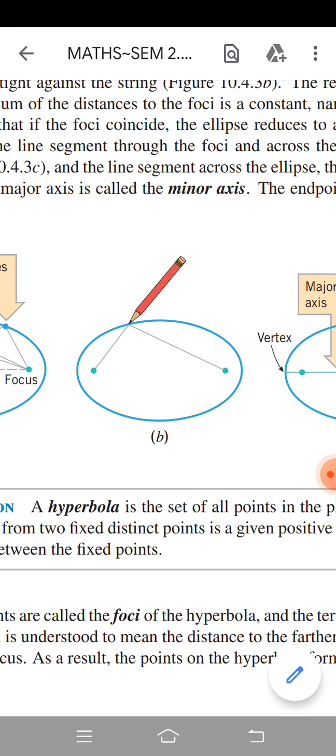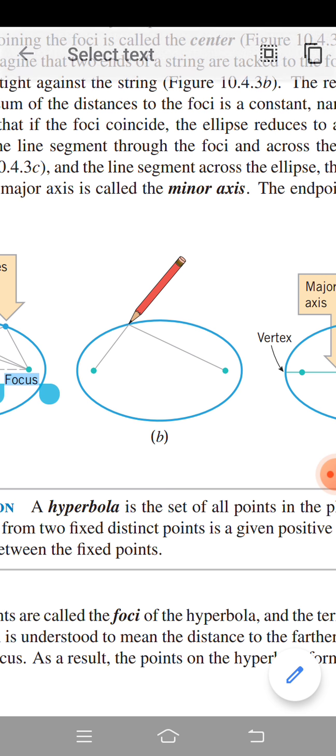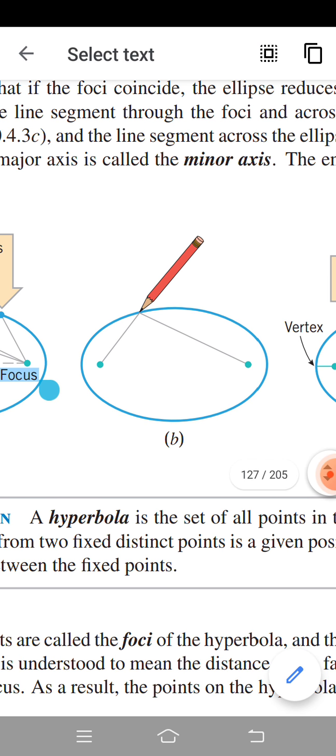For example, you take one string and tightly tie one end to one focus and the other end to the other focus, and then you take a pencil and stretch the string. You will find that it makes the ellipse, and the length of the string is equal to the sum of the distances.